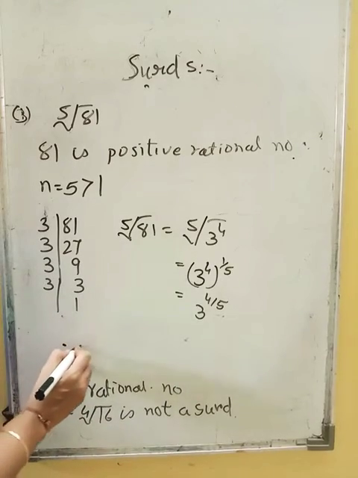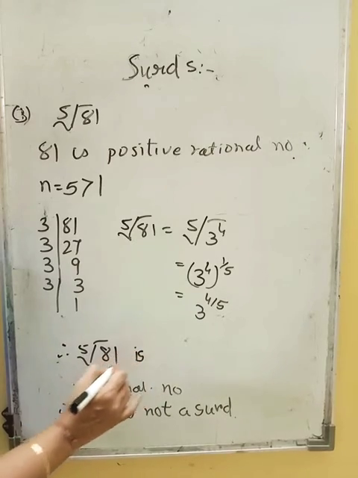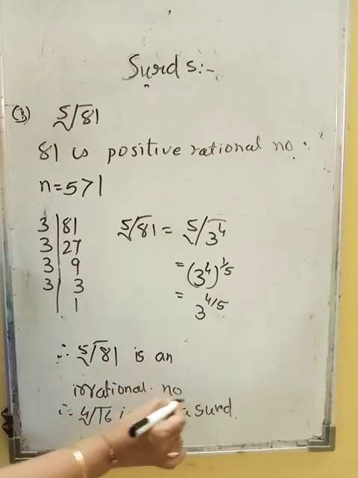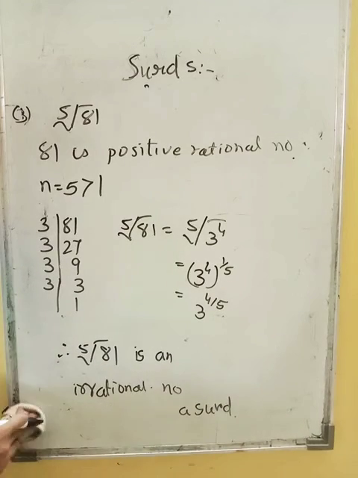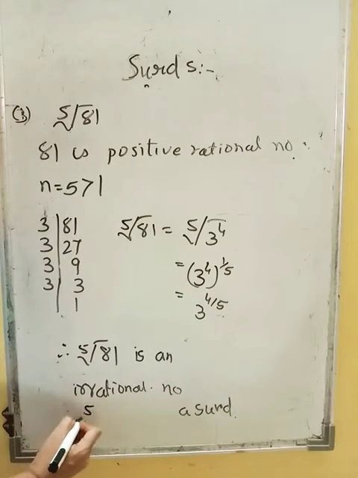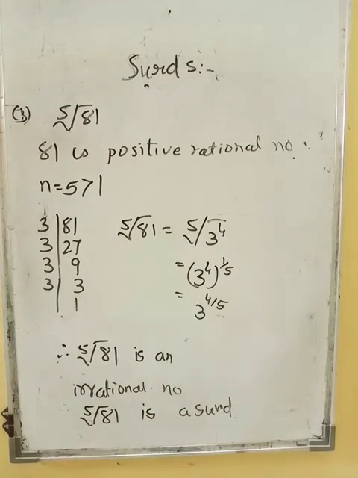So therefore, fifth root of 81 is an irrational number, and therefore fifth root of 81 is a surd.